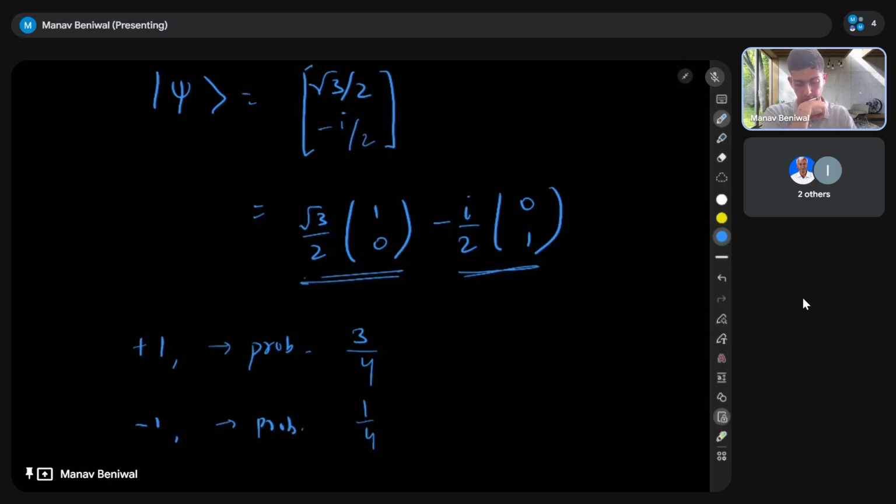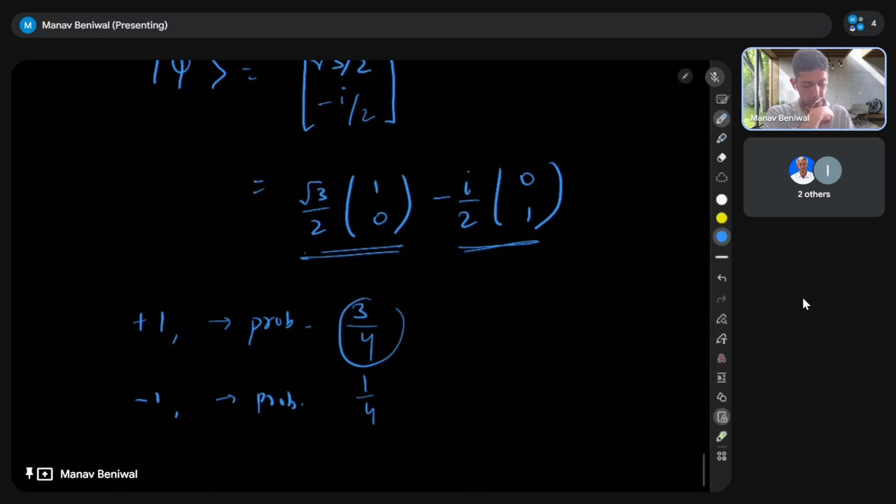Right. So what is the fraction? 3/4. This is the probability that we are getting for plus 1.